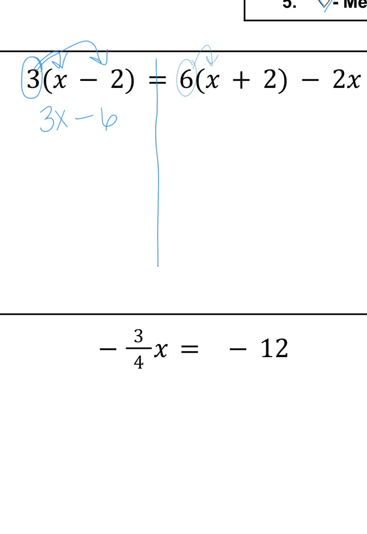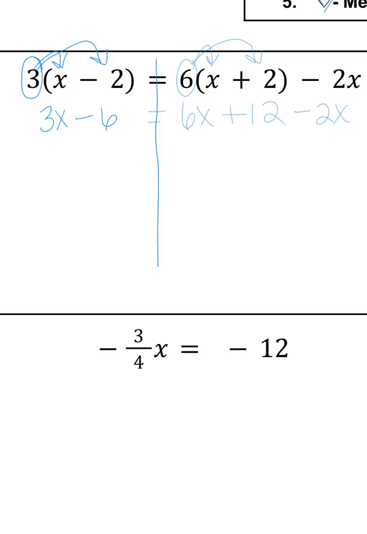It's going to jump to the x, and it's going to give me 6x. Then the 6 is going to jump to the 2. What do we get when we multiply 6 and 2? Plus 12, right? A positive 12. Now, can that 6 jump all the way down there to that -2x? No, because it's not in the parentheses, right? So we're just going to drop down this -2x.